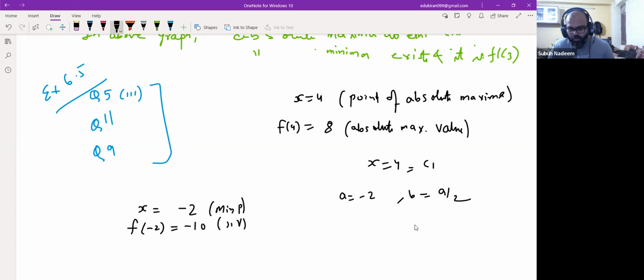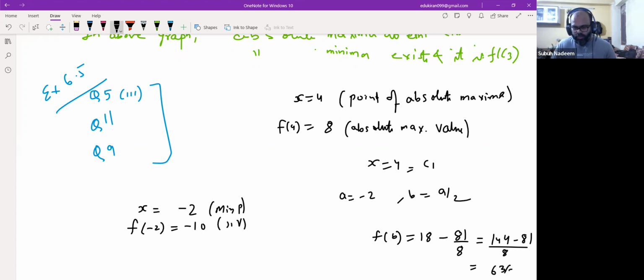So if we talk about 9/2, at 9/2, what is the value? It is 9 to 18 minus 81/8. So this will be 64 minus 81/8, so this will be 63/8, a little less than 8, 7 point something, right?